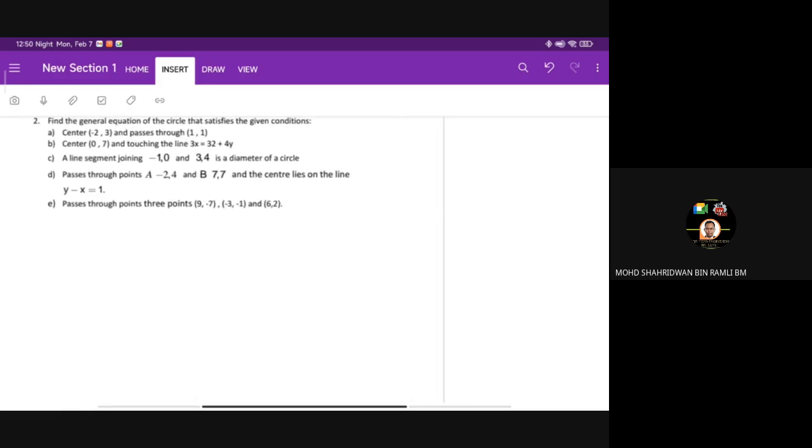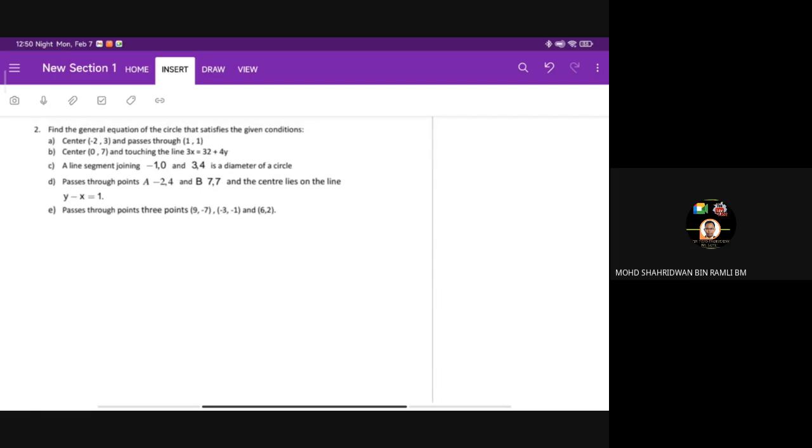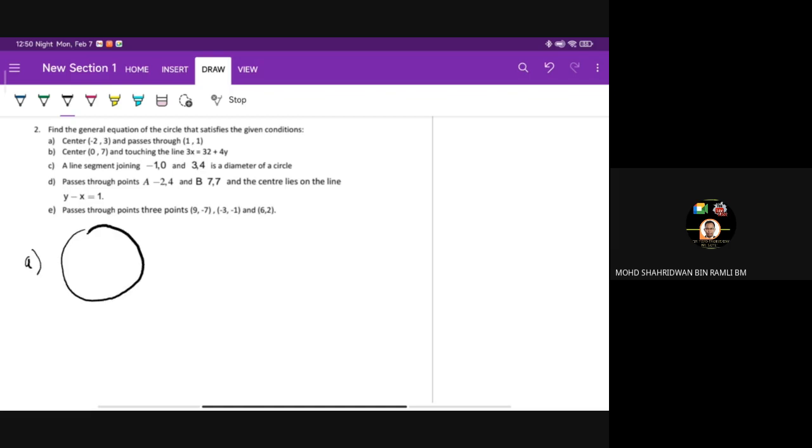From part A, you need to know how to sketch this diagram. This is the circle for part A. The center is (-2, 3) and it passes through (1, 1).